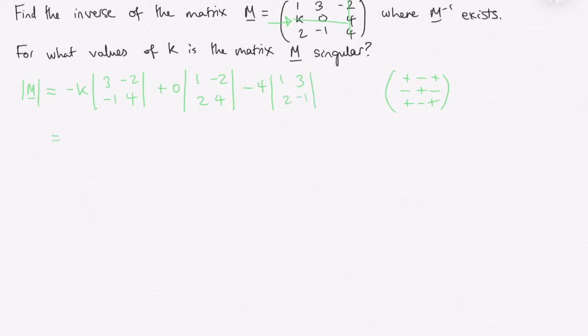Well, if we calculate this, we have negative k, 3 times 4 is 12, subtract negative 1 times negative 2, which is 2, plus 0 times this determinant here, but we know that's going to be 0, subtract 4, lots of 1 times negative 1 is negative 1, subtract 2 times 3, which is negative 6, so we have 12 subtract 2 is 10, so this is negative 10k, negative 4 times negative 7 is positive 28. So the determinant of this matrix M is negative 10k plus 28.